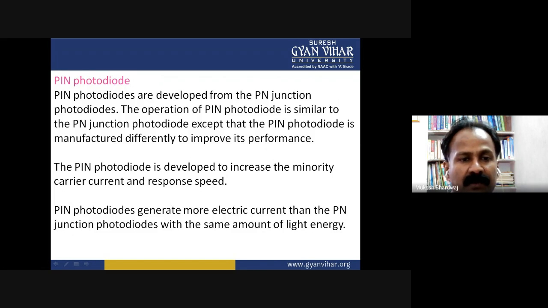The pin photodiode is developed to increase the minority carrier current and response speed. Pin photodiodes generate more electric current than the p-n junction photodiodes with the same amount of light energy.